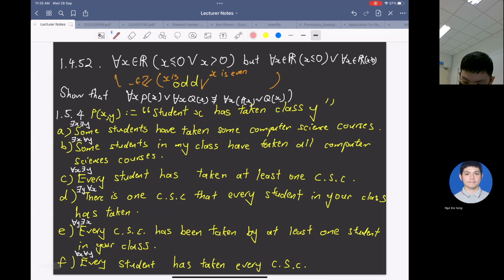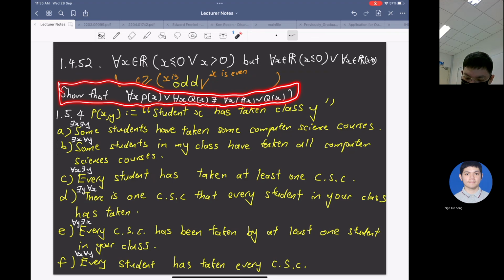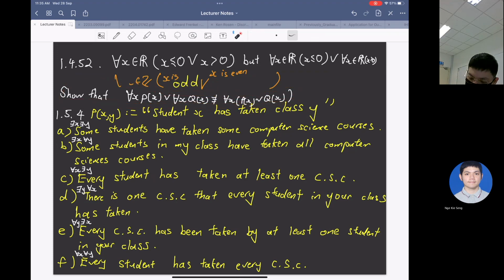Okay. 1.4.52. Show that for every x, P(x) or Q(x), is not logically equivalent to for every x P(x) or for every x Q(x). So to show that something is not logically equivalent, you just need to give a counterexample.